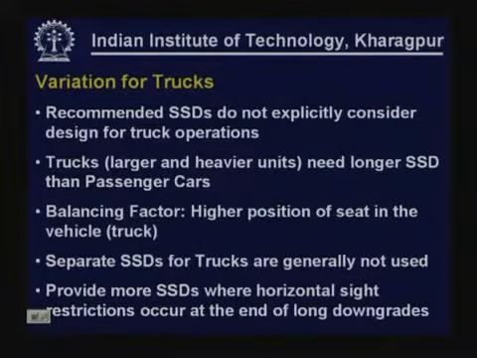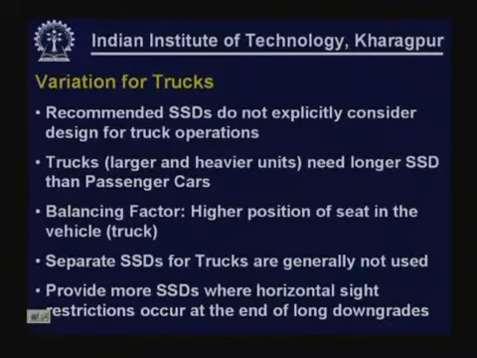Because of the higher height, drivers can see a longer distance of road. So, the available sight distances are generally higher for trucks. Therefore, separate stopping sight distance values are not recommended for design purpose.